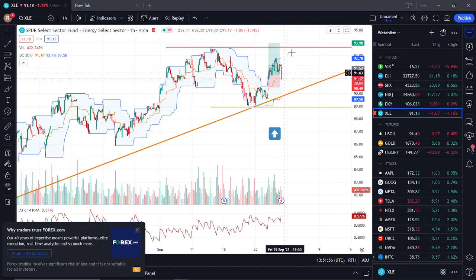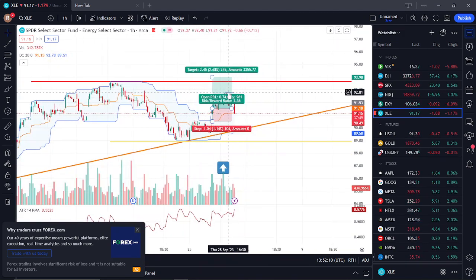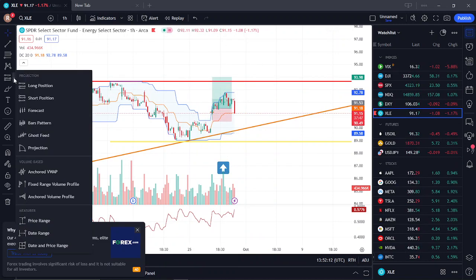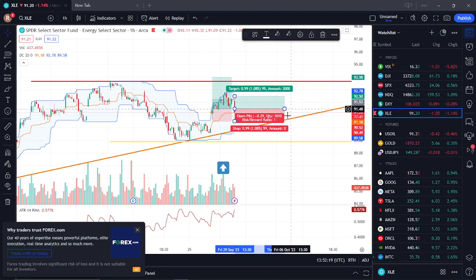It might ping pong sideways through the weekend, and I don't mind taking a $1, $2 loss a share on this. That's the risk I would take, and I'm going for a lot more. If that's the case, let's mark this. What if I want to take the big one?